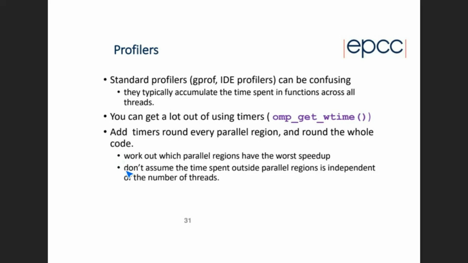And if you know the time for the code and the time for all the parallel regions, by subtraction you can work out how long is being spent in sequential code. Don't necessarily assume that that's not going to change from the sequential code, because it might.